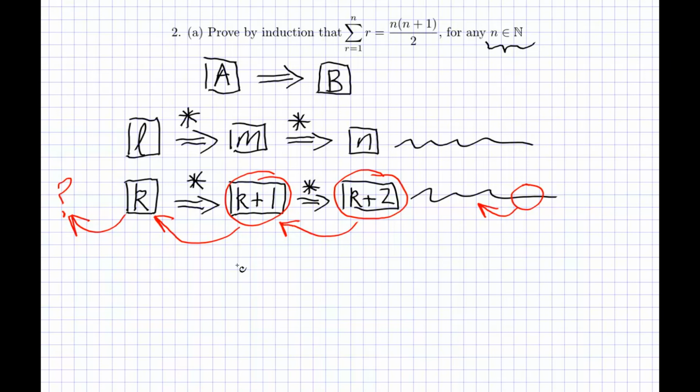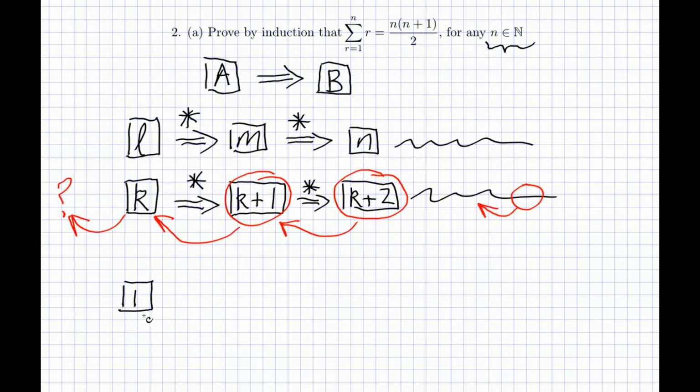And generally what will happen is you'll have some starting point to go with. In this case, you can see you're starting with 1, and that makes sense because 1 is the lowest of all the natural numbers. So you'll have some fact to prove about 1, or it might be 2 or 3 or whatever, but in this case, let's say 1 is your starting number.